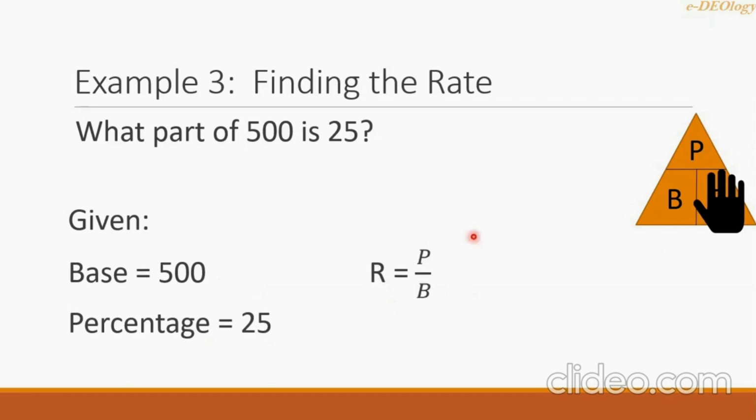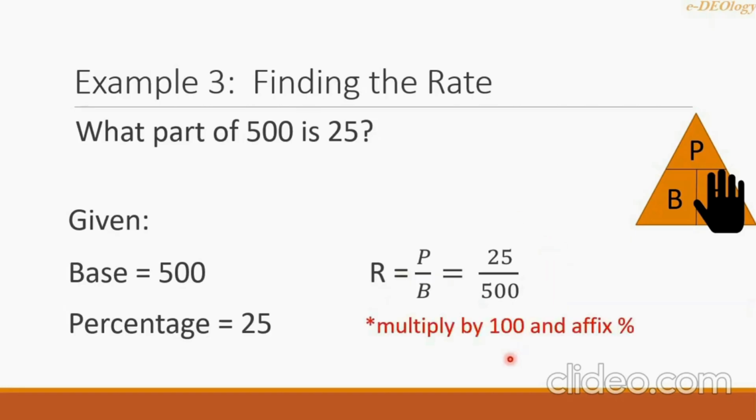So in here, we'll just substitute the values of P and B respectively. So that is 25 over 500. We know that R is expressed in percent, so we will convert this fraction into percent. We will simply multiply it by 100, and later on we will affix the percent sign.